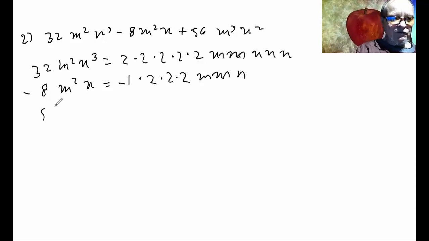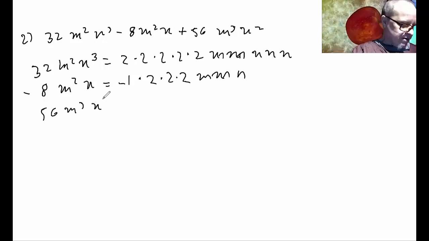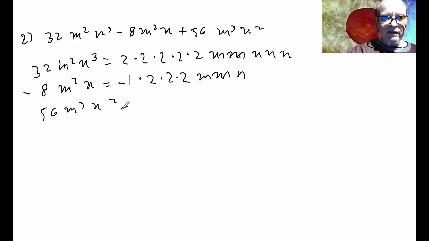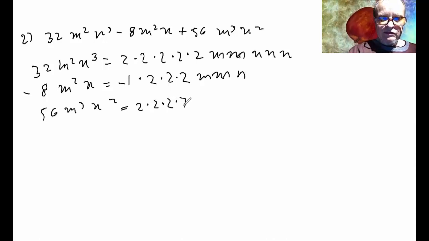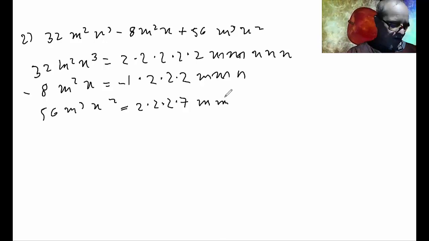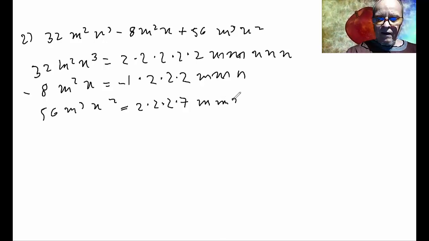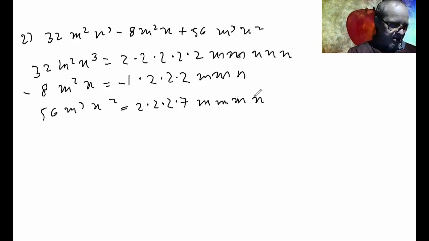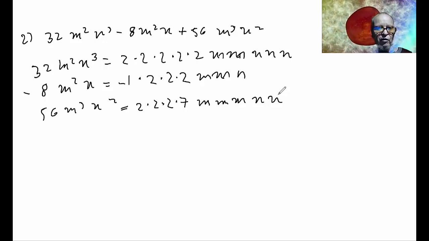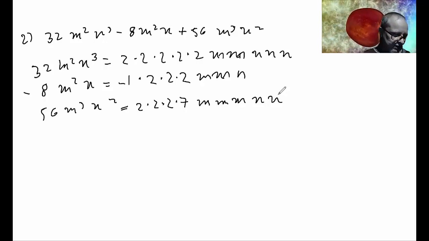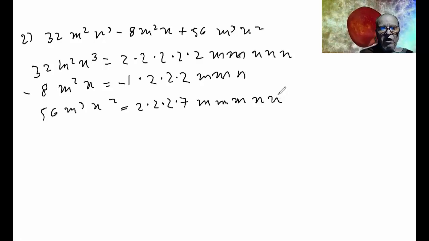And then finally 56 m cubed n squared, and that's equal to 2 times 2 times 2 times 7 m, and then n.